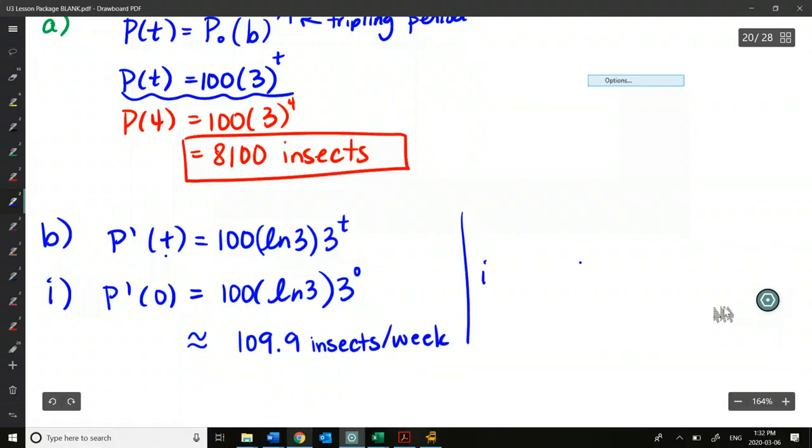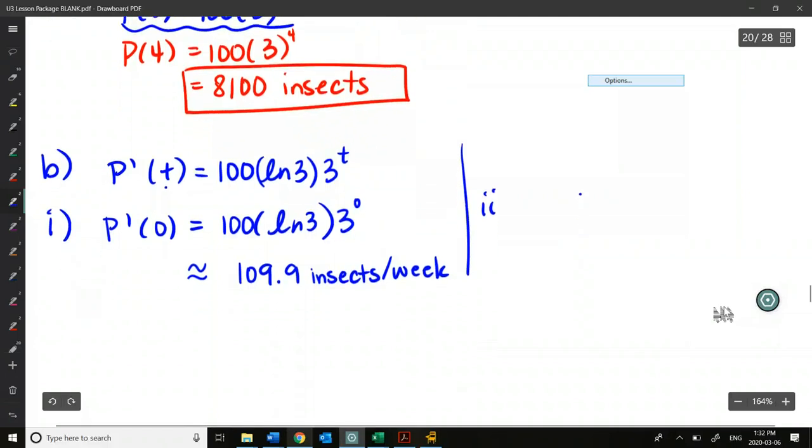Okay, and then the second part of this asks us to approximate how quickly the population of insects is changing after 4 weeks have passed. So we'll evaluate p prime at 4.